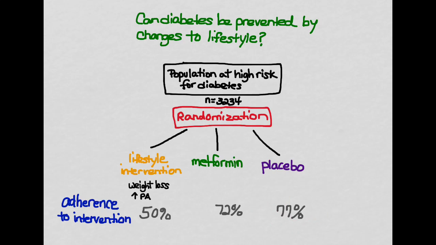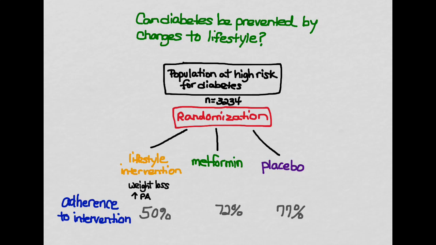Now, of course, in the placebo, it doesn't matter as much because it's an inert pill, but the point here is that you have these interventions, and at the end of the day, you're looking at the results and you're saying, oh, this intervention, i.e. losing 7% of your body weight and exercising a certain amount per week, is what reduced diabetes incidence. But we see that adherence is much lower than 100%.